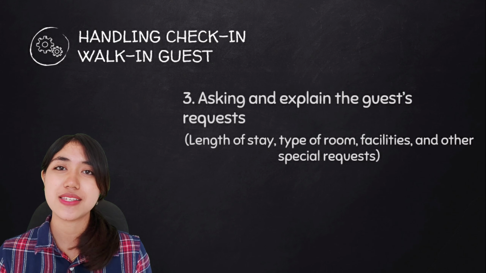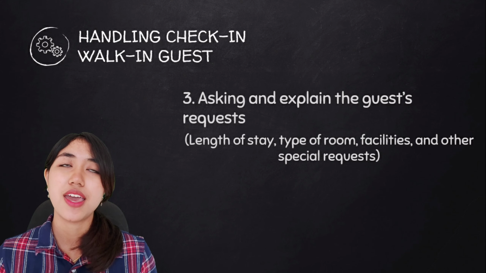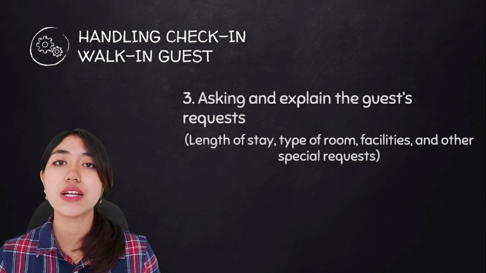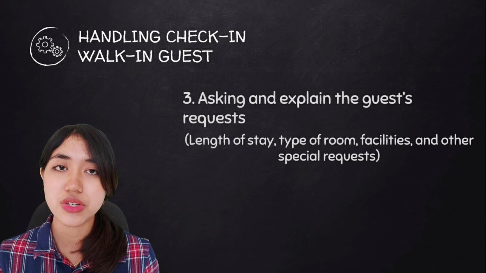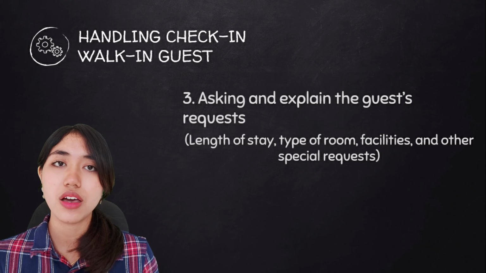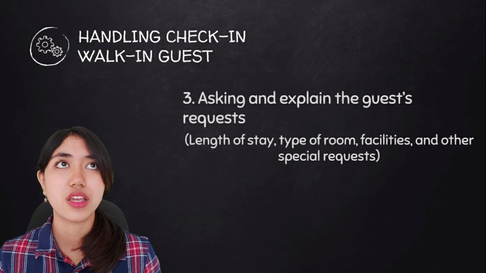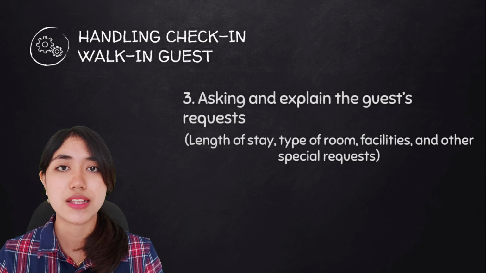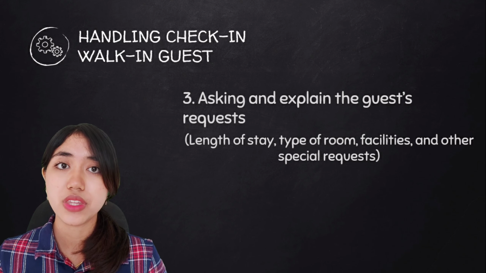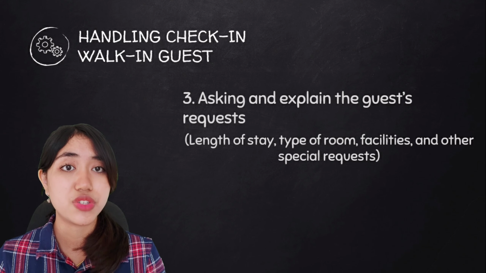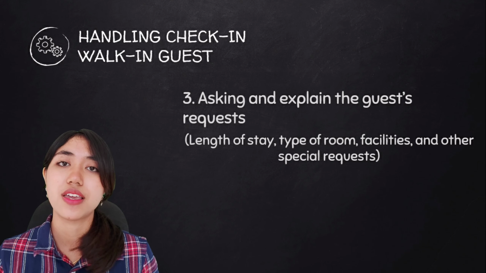So the third step is asking and explaining the guest request. Before the guest completes the registration letter, the front office staff and the guest discuss things such as the length of stay, type of room, facilities of each room, and other special requests.